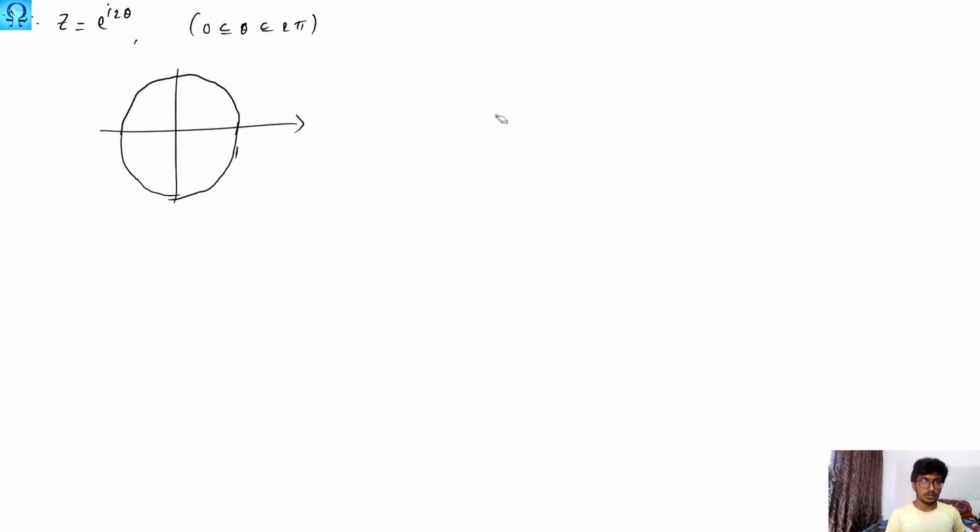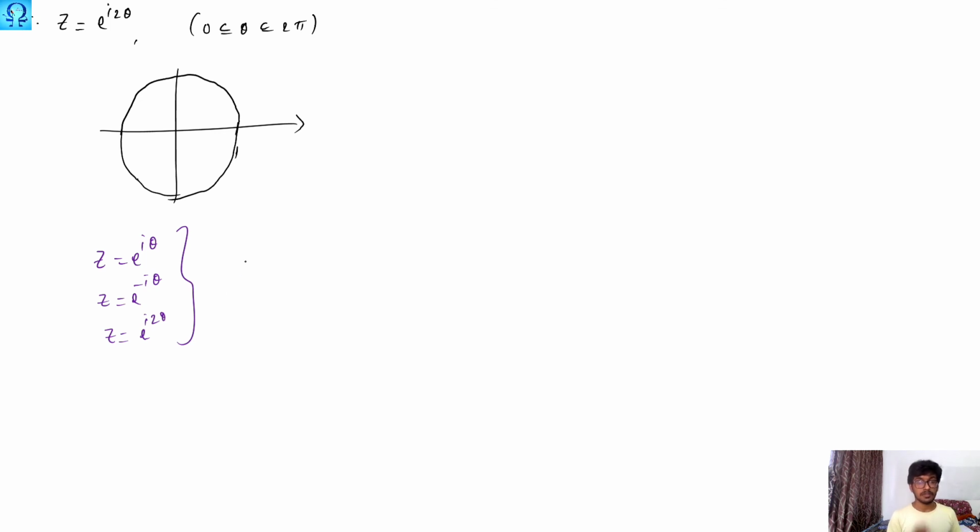So these are some examples, but you'll have to pay attention and understand one more thing. We have seen z equals e to the power iota theta, z equals e to the power minus iota theta, and z equals e to the power iota times 2 theta.